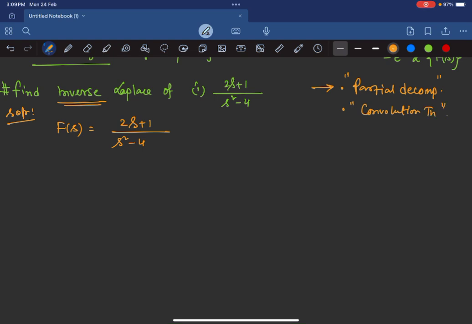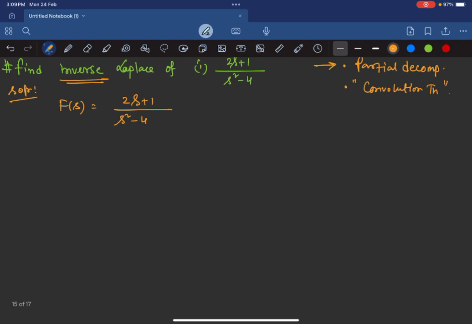The existence of the inverse Laplace is guaranteed by Mellin's inversion formula, but to find the inverse, we actually take help of either partial decomposition or convolution theorem. Here we'll be doing partial decomposition. First, whatever you have in the denominator, try to factorize it if possible.